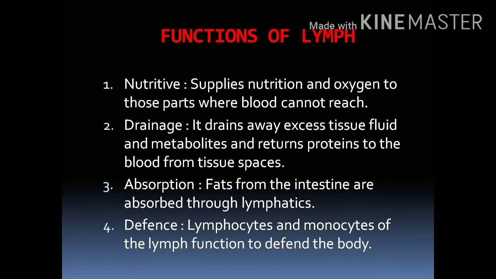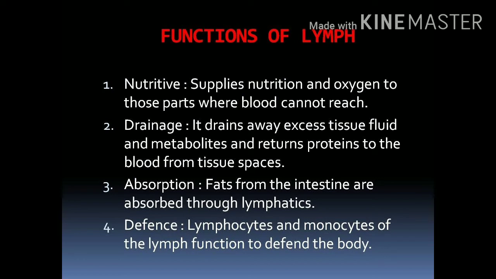Next, functions of lymph. First one, nutritive. It supplies nutrition and oxygen to those parts where blood cannot reach. In which part the blood cannot reach? For that part, nutrition and oxygen is supplied by this lymph. Second, drainage.